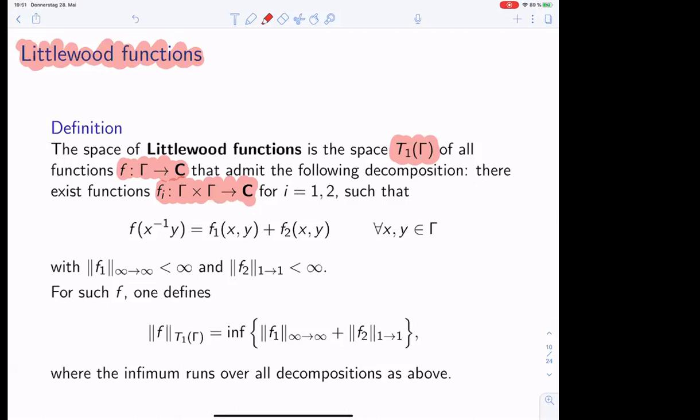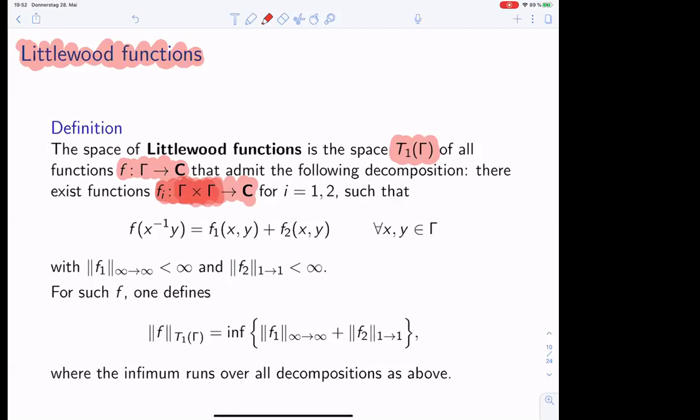You just consider this function phi here as a gamma times gamma matrix, and then it acts on the vectors which are indexed by the group gamma in the obvious way, right? And as such, you can put a lot of norms on this space of so-called kernels, of functions from gamma times gamma onto the complex numbers.